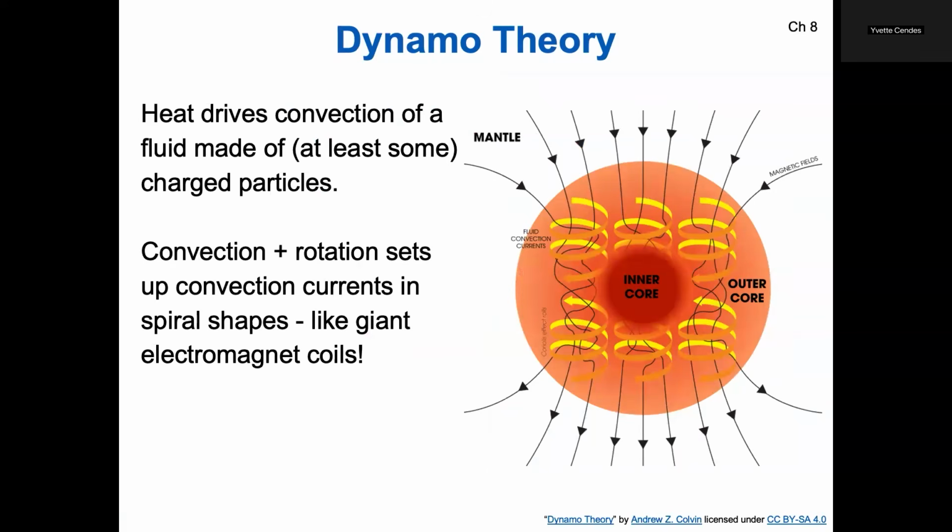We believe our magnetic field is due to what is called a dynamo in the core of the Earth. The core of the Earth, as we mentioned before, is basically a giant ball of iron. It's very large, over 1,000 kilometers across, comparable to the size of the moon, actually. And there is heat and a lot of rotation. We know our Earth is rotating every 24 hours.